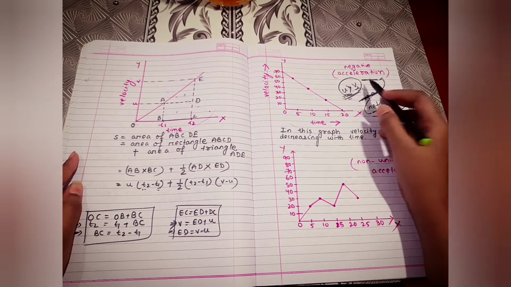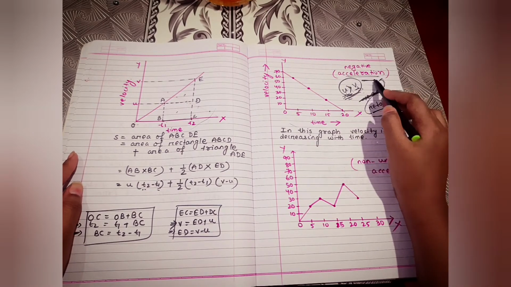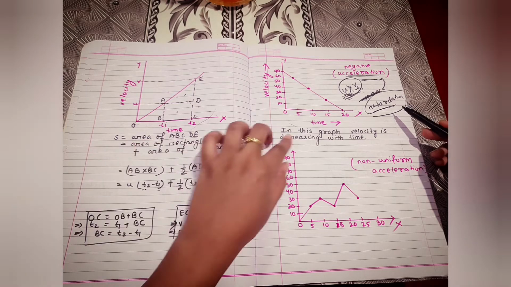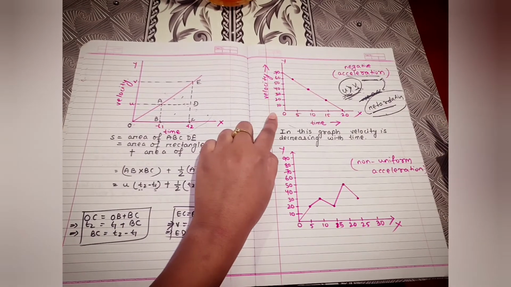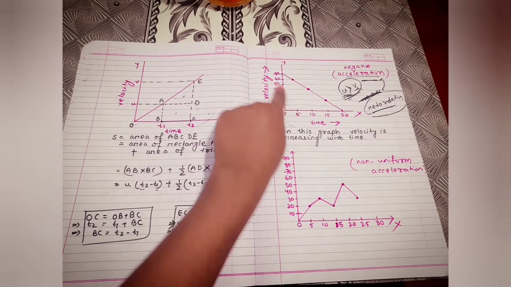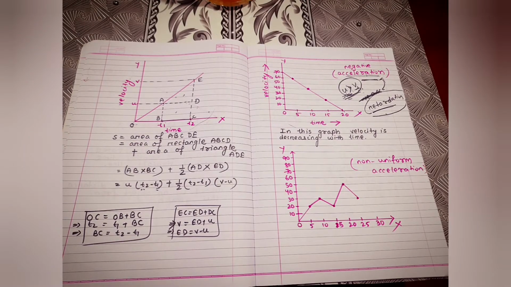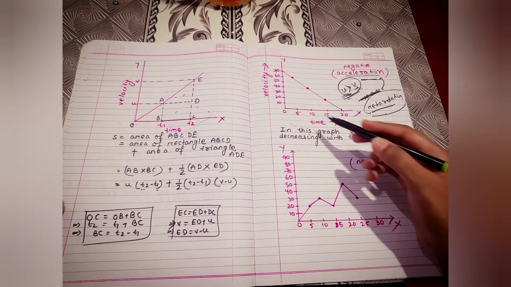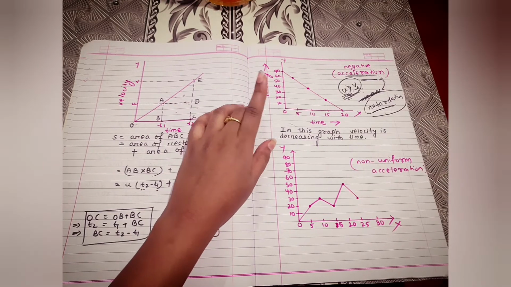This will result in negative acceleration, and negative acceleration is known as retardation. So this is a graph for retardation, that too a uniform retardation. Remember one thing always: whenever the term uniform comes, the graph will always be a straight line. So this is a graph for uniform retardation.